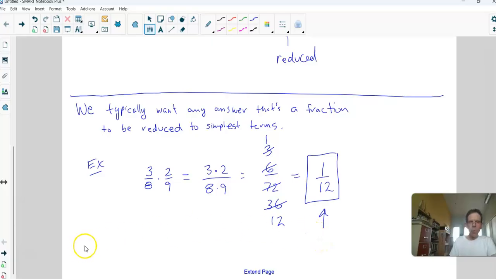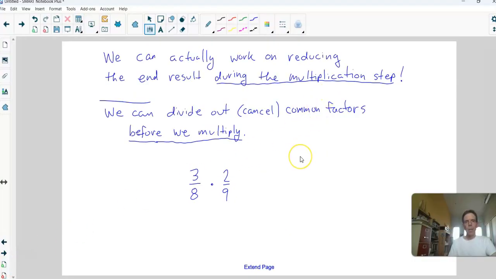There's actually a way to, instead of doing the simplification at the end, work on what we're given to make it easier to find the answer. I want you to see an example where we do that. I'm going to use the same example here. So the main idea is that we're going to divide out or cancel common factors before we do the multiplication.